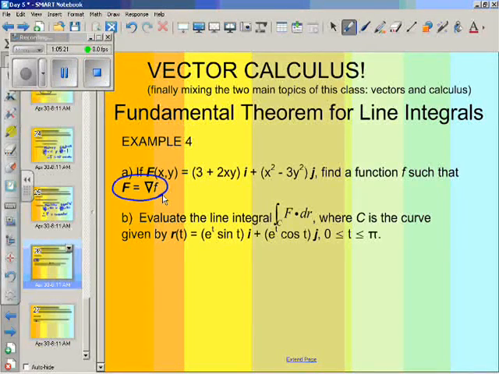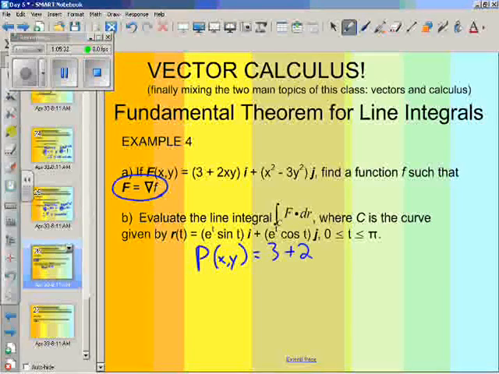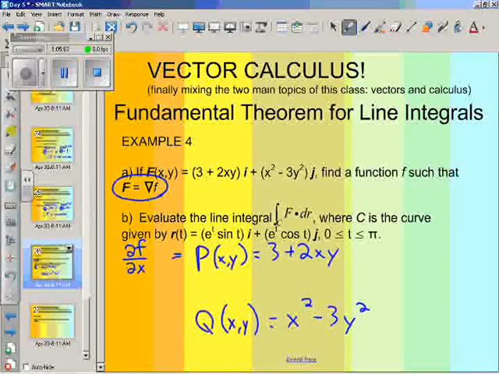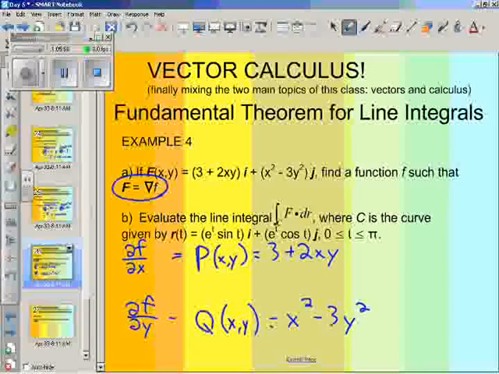Okay? And so what that tells us is that P of x,y equals 3 plus 2xy, but we also know that that equals the derivative of f with respect to x, and Q of x,y equals x squared minus 3y squared, and we know that that equals the derivative of f with respect to y.